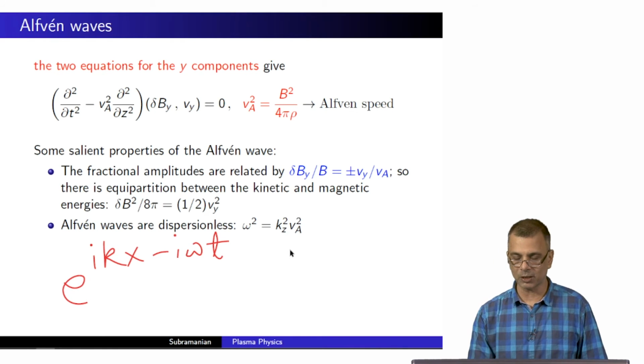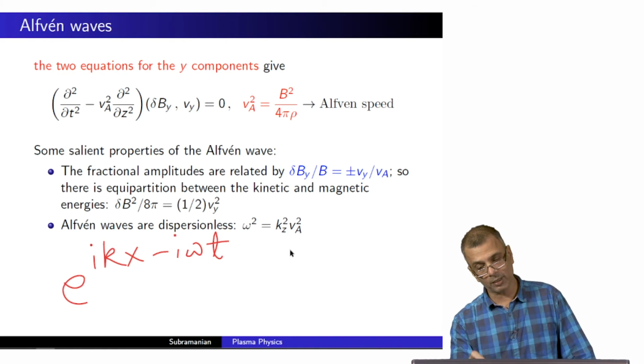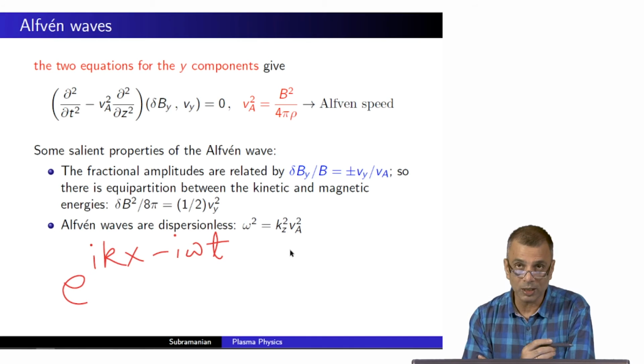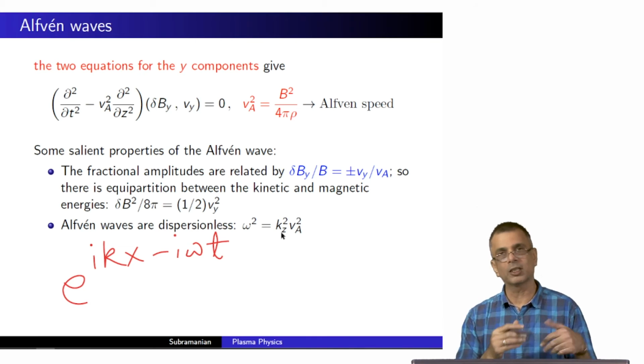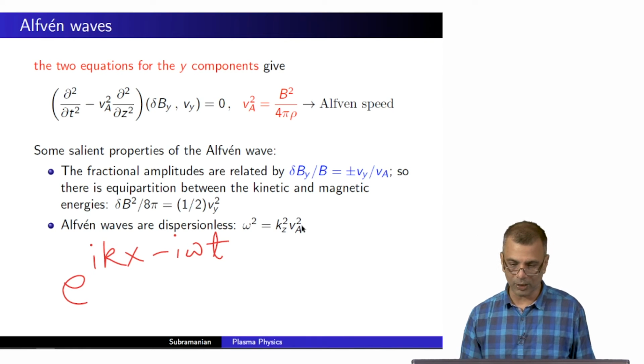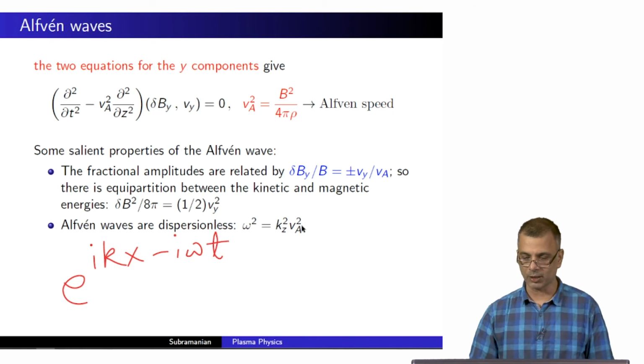This is the dispersion relation, and again this is similar to the sound mode. Sound waves are also dispersionless, and so are the Alfvén waves. The omega over k_z or the d omega over dk_z are both not functions of omega itself. They simply involve the Alfvén velocity.